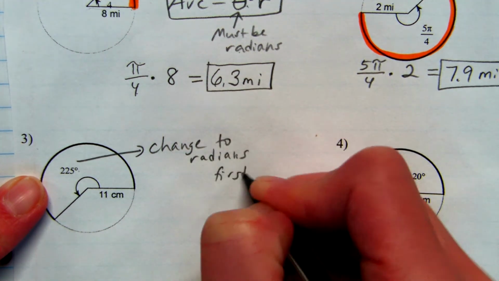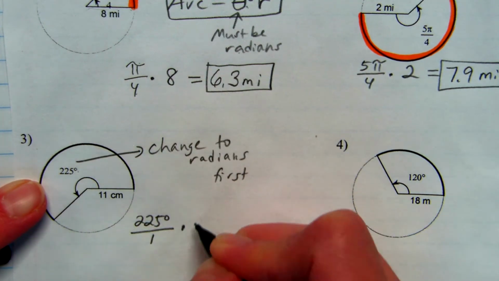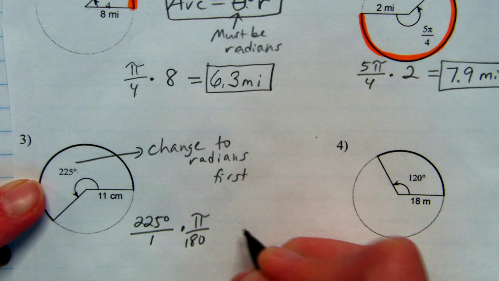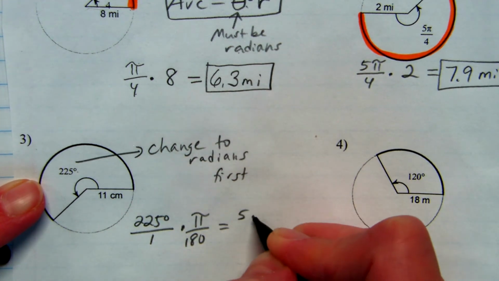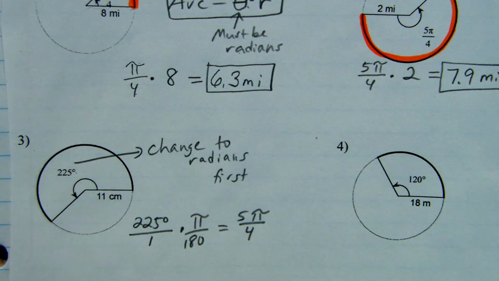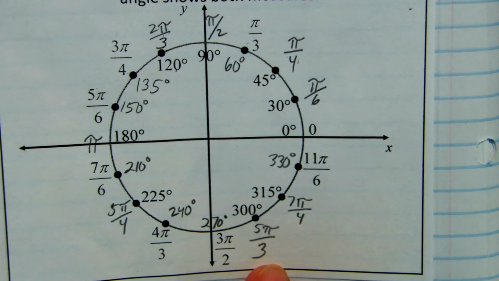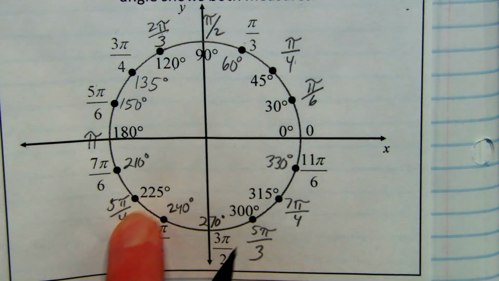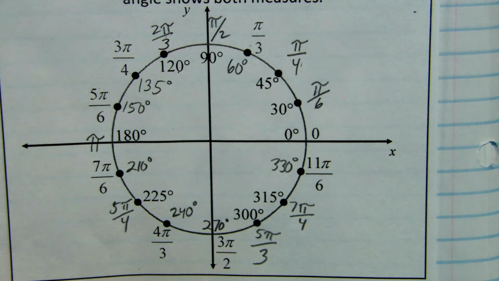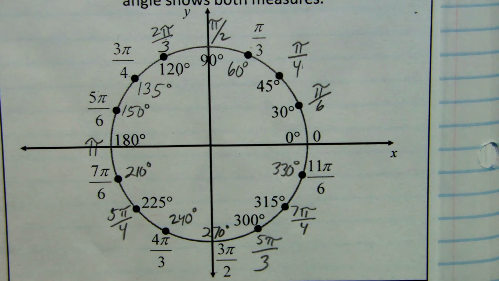If you didn't have that table, you'd have to actually do 225 degrees over 1 times pi over 180 and simplify all of that, and it comes out to be 5 pi over 4. But since we made that table in our notebook, which I'll go back to show you, you could also look back here, and 225 degrees is 5 pi over 4. We wrote that down. So that's why we did that, because this would be a handy table, so on today's lesson you would not have to do a conversion every time you see degrees. You could look it up.